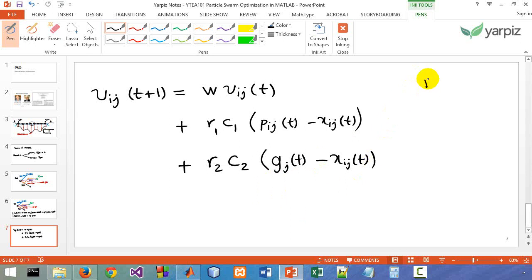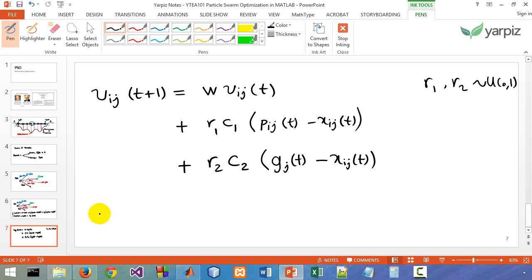And we know that r1 and r2 are uniformly distributed numbers in the range of 0 to 1. This is the equation for updating the velocity of particle i in time step t.